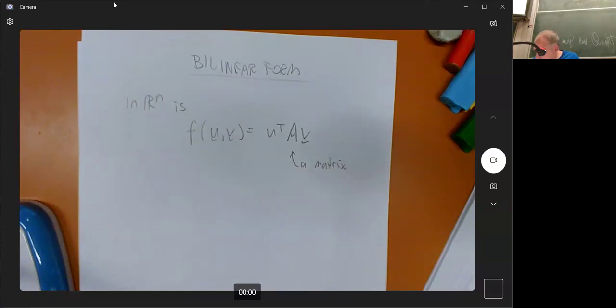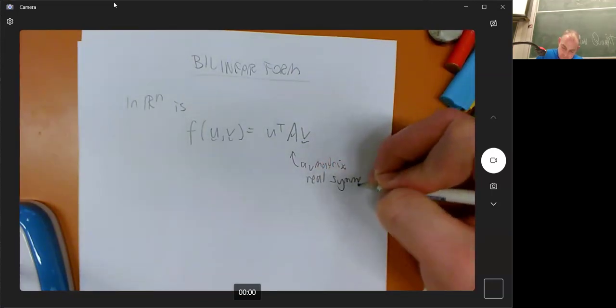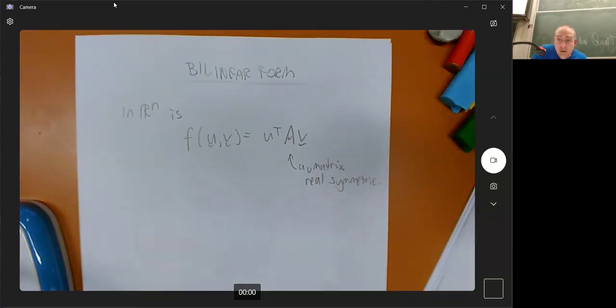It will definitely be real symmetric. And it turns out a bilinear form is essentially the same as a linear form.